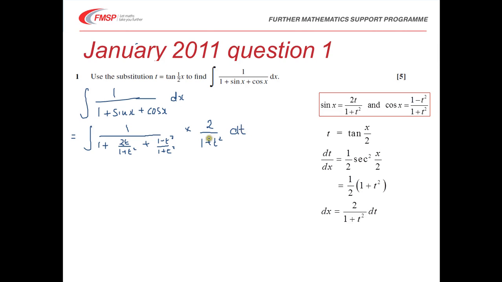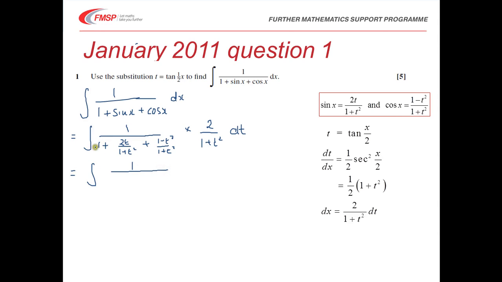Now at this stage, the whole point of making a substitution is that your integral should become easier. So just see that in the denominator here we could take a common denominator of 1 plus t squared, which, if we are dividing, would come up into the numerator and cancel out with 1 plus t squared. So in fact it does become a lot simpler.